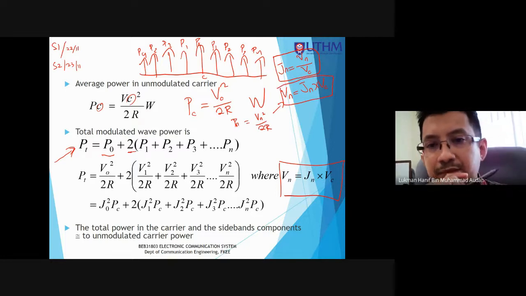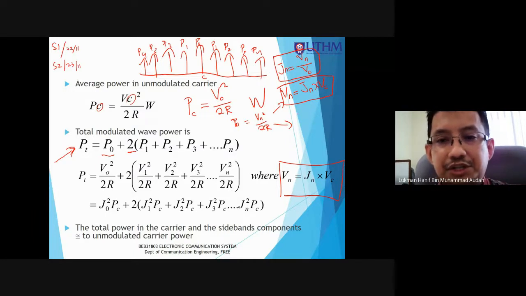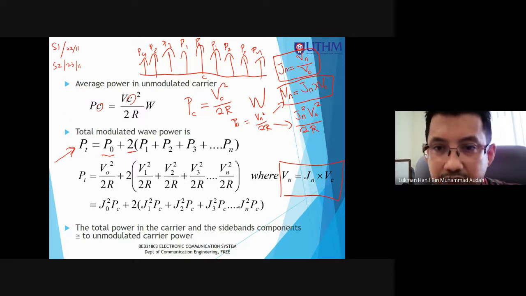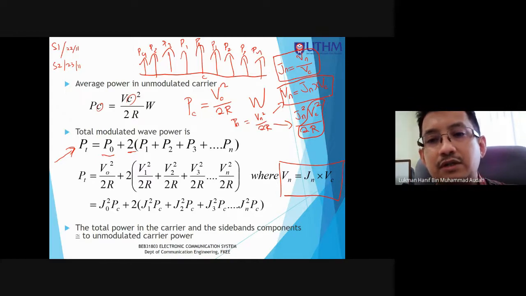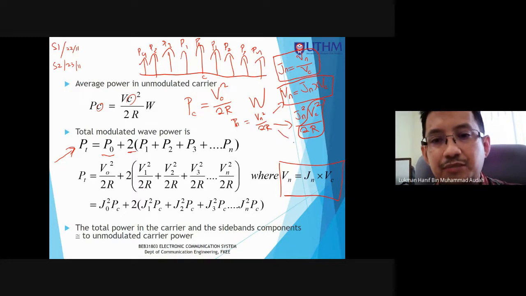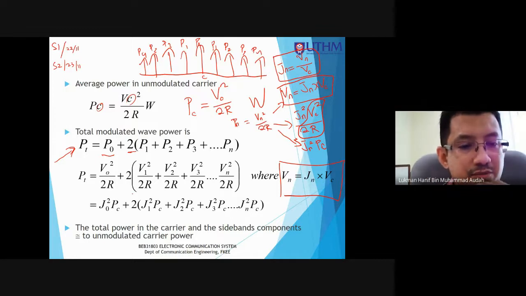If you see from here, this is actually Jn square Vc square over 2R. Yang mana di sini kalau you lihat sebenarnya dia ada komponen PC. Vc square over 2R is actually equal to PC. So you can say that this is actually Jn square PC. Okay. So, itu sebabnya di sini dia buat seperti itu.